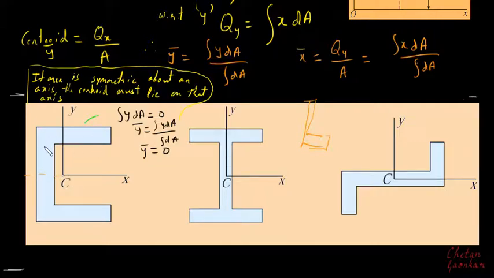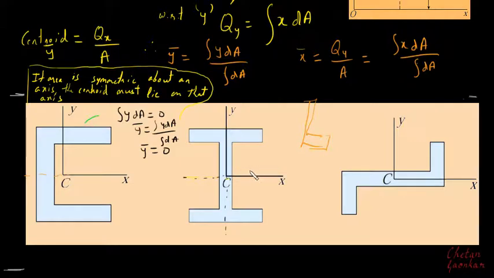For example, here this is the I section and our reference axis is situated here, and this I section is symmetric about this x-axis as well as this y-axis.